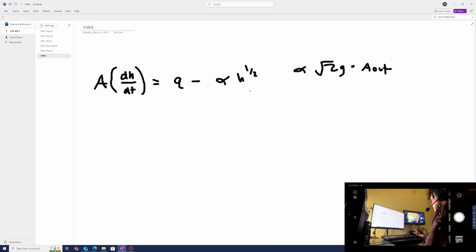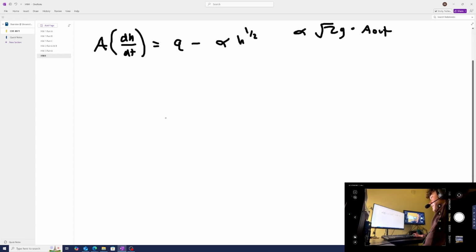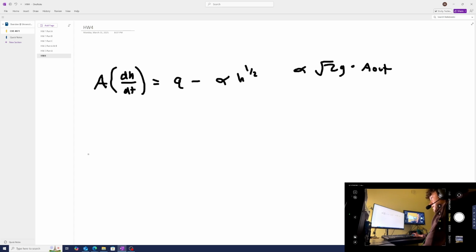So now we'll use our deviation variables in order to linearize this solution and eventually use our transfer function to get a linear approximation of our exact solution.